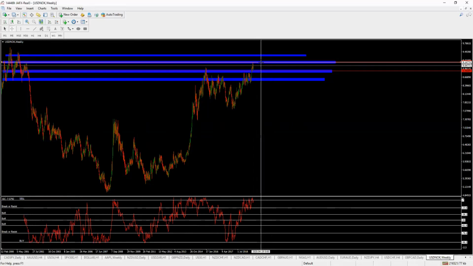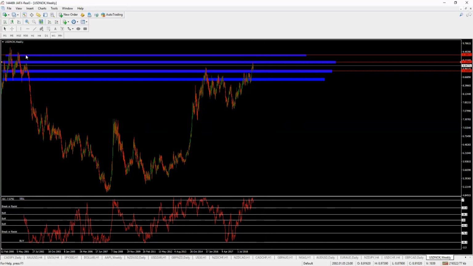Now we're on the weekly and I want to see after the break, how much is it to the next level? We have 2,000 pips, okay? So let me plot this. Okay, so that is, let me see, 9.15903, right?